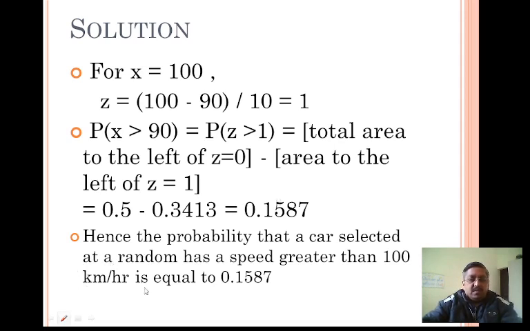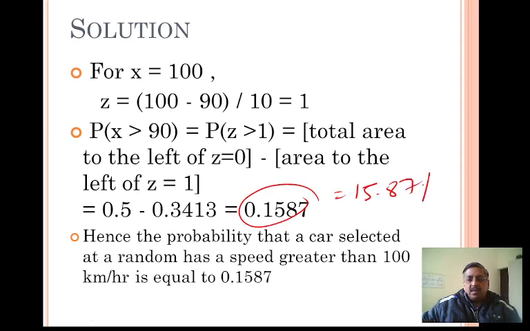In percentage we can say this is 15.87%. This is the 15.87% probability that a car picked at random will have a speed of more than 100. Alright.